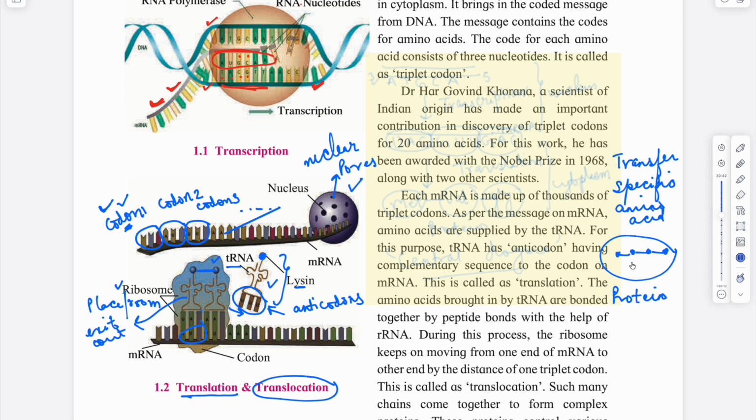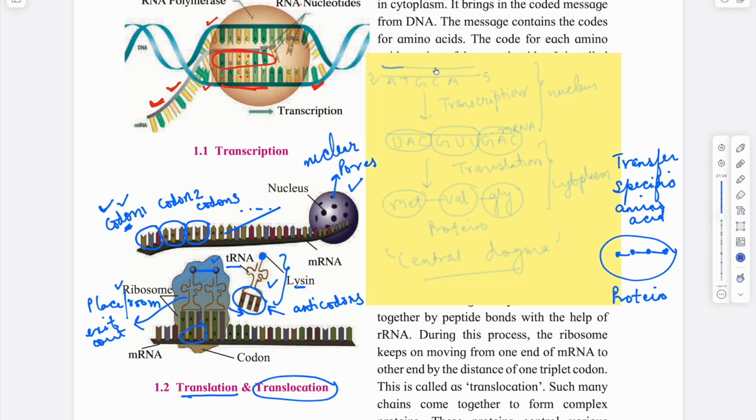So briefly, I'll re-explain all the concepts again. So what happened? Let's see. This is a strand of DNA.